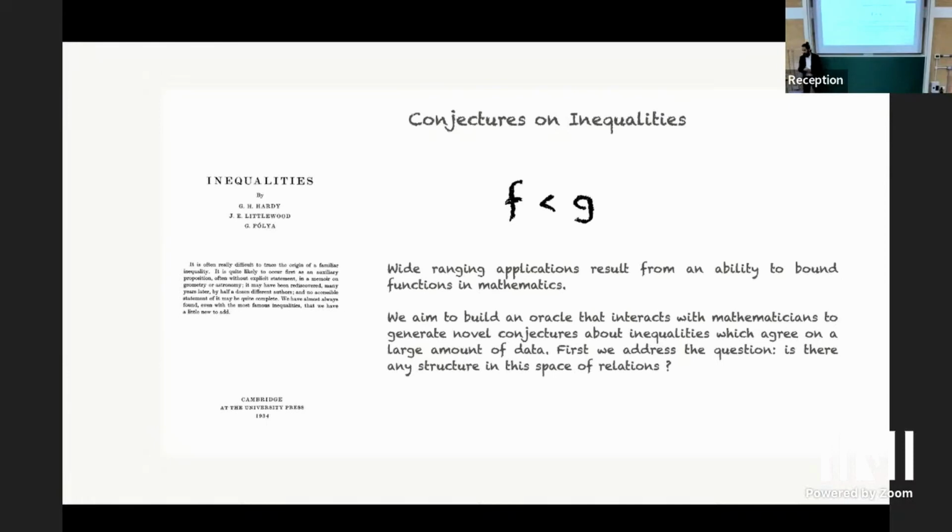Our goal in this work is to build an oracle that interacts with mathematicians with the sole purpose of generating good conjectures in their area of domain expertise. In our pipeline, we will ensure that the conjecture satisfies some of Dijkgraaf's criteria, such as terseness and a vast amount of evidence in favor of these conjectures.